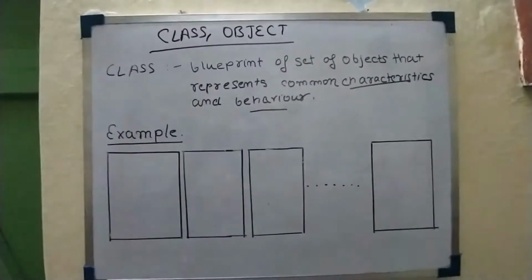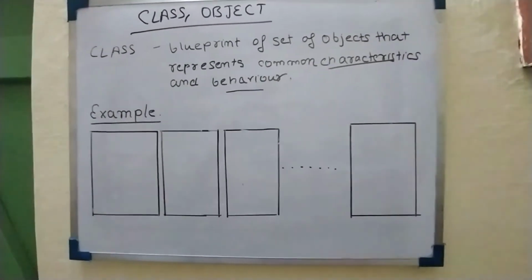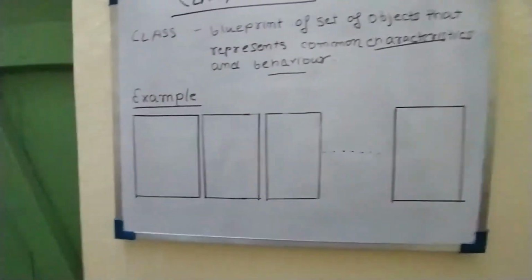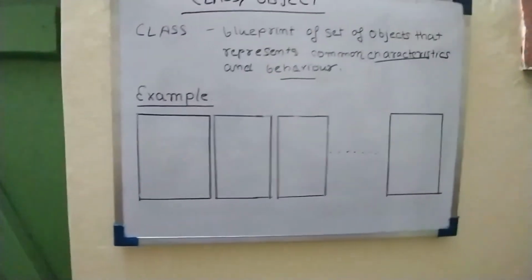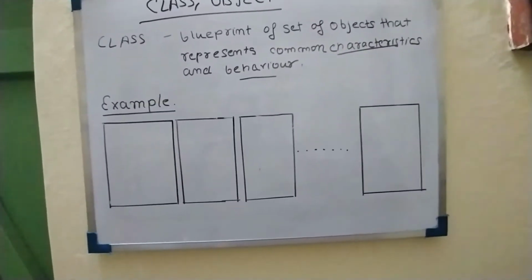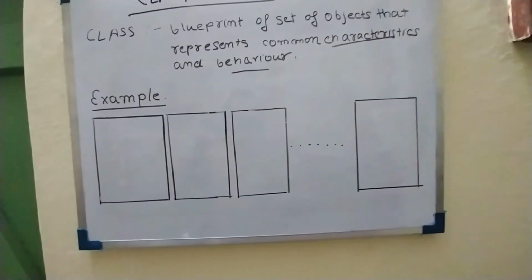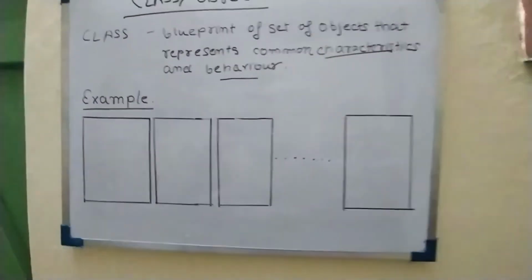So in order to understand this concept better, characteristics and behavior, let's take an example. Let's have certain attributes and behaviors. What are attributes? I will explain. Attributes are basically characteristics. Let me write something, then I will explain.